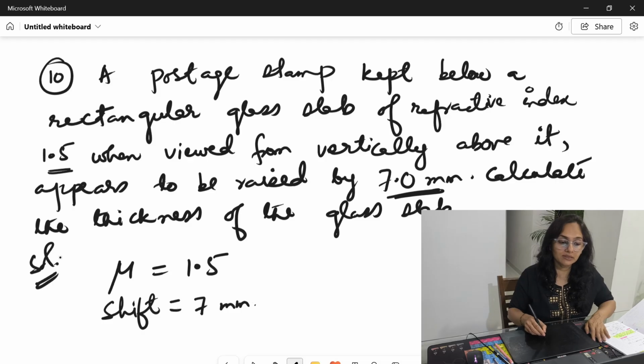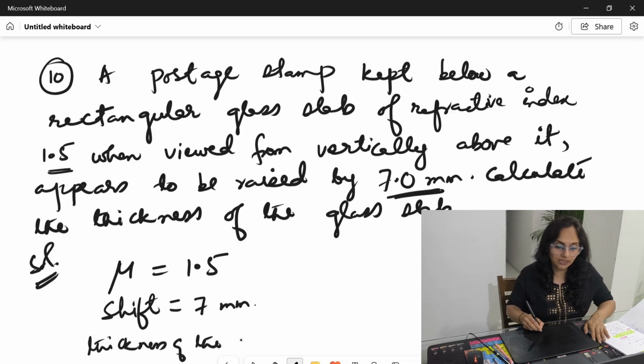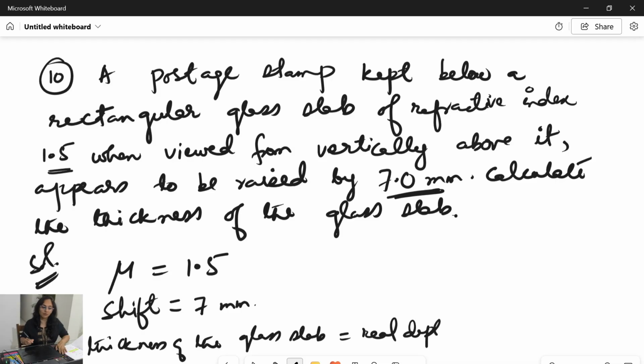We have to calculate the thickness of the glass slab, which means we have to calculate the real depth. Thickness of the glass slab equals real depth. So what is our formula?